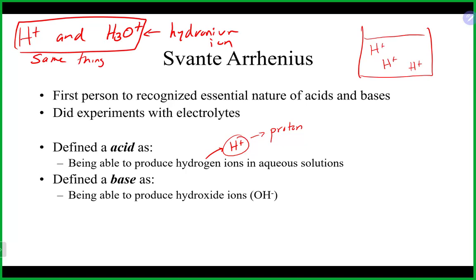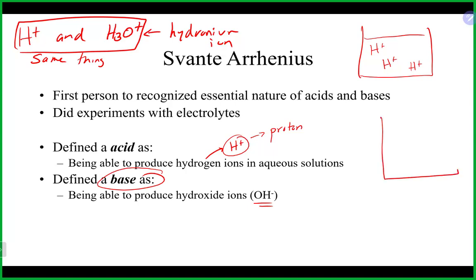I personally go with H plus most of the time when we're talking about an acid. A lot of books nowadays will use H3O plus. So anywhere I say H plus, you could change it out to H3O plus. It's basically the same thing. So it's really the acid part of the solution, and it's symbolized either by H plus or H3O plus, floating around. He defined a base as something that has the ability to produce hydroxide in solution.